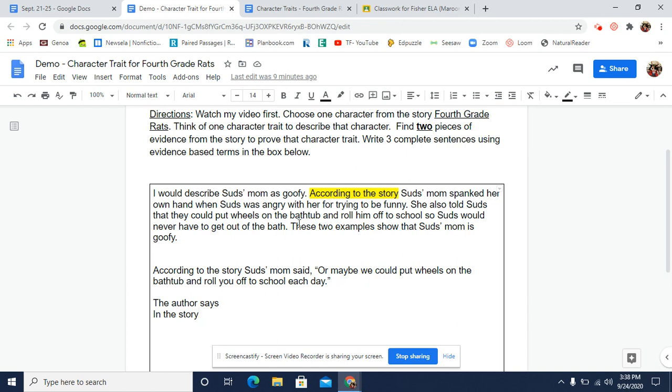If you want to challenge yourself, do this last sentence, do your concluding sentence by saying, these 2 examples show that Suds's mom is goofy, or whatever yours is. These 2 examples show that Suds is respectful. That's the one we kind of talked about in class. So, however you want to end it. I'm not going to count off if you don't do the ending, but for some of you, you are ready to try an ending to the paragraph also.